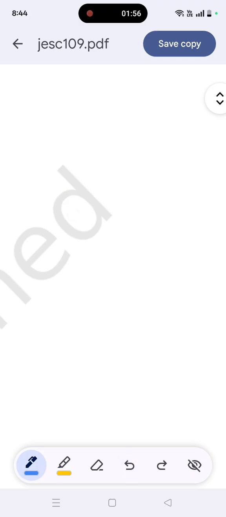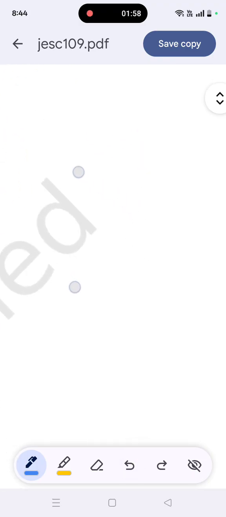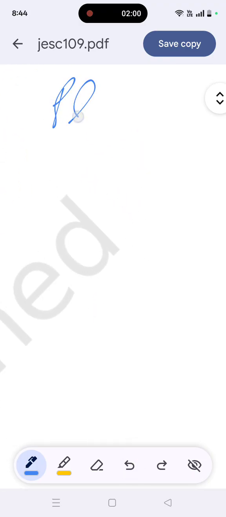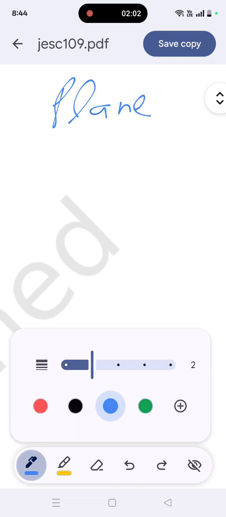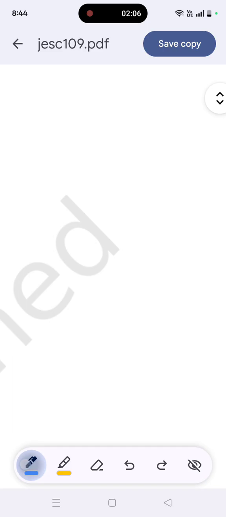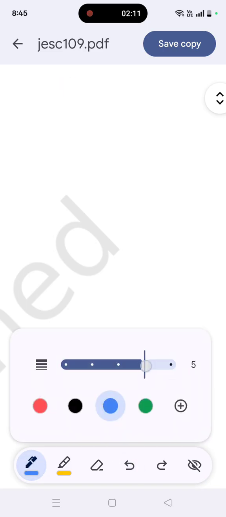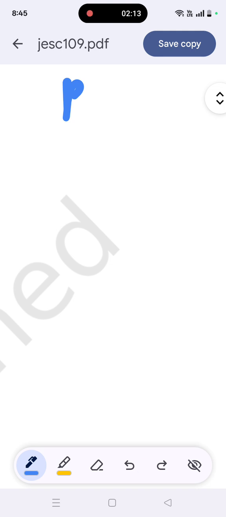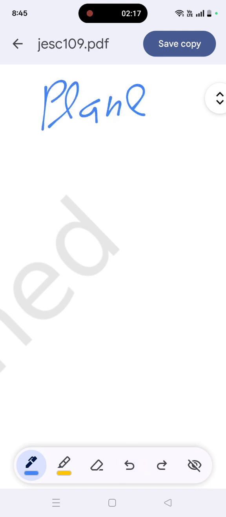So I'll give you the properties of plane mirror. Write the spelling on your own, you are in 10th now, you know. Now plane mirror has many properties.